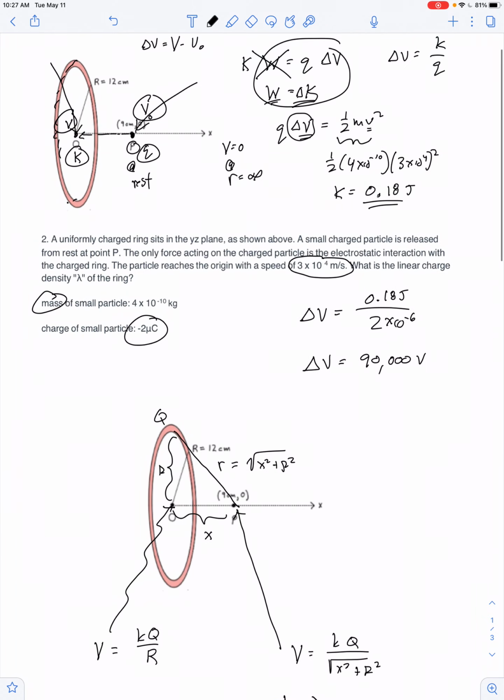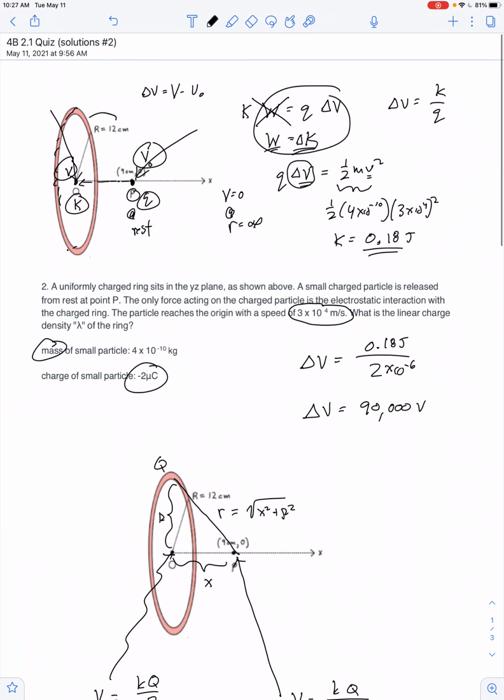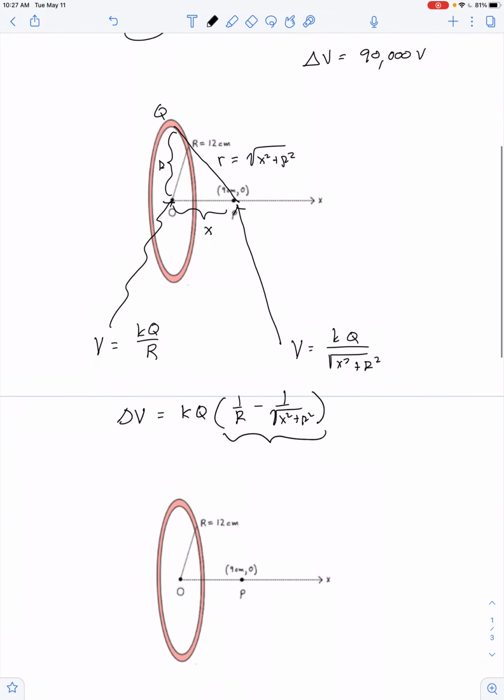We're given all of these values, right? The radius of the ring is 12 centimeters. X is 9 centimeters. So if we've got all of these values, then we can determine the value of this part of the expression, which comes out to be 1.67. So let's see, well, we know what K is. That's 9 times 10 to the 9th.